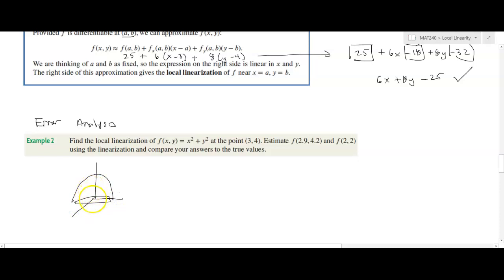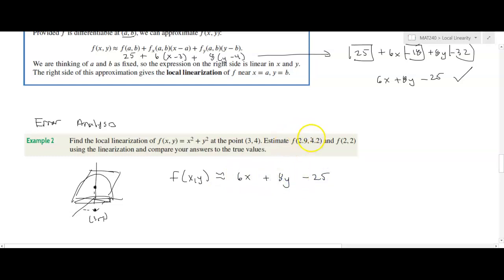We're looking at this point at (3, 4). And that's actually some point on that surface. But now we're approximating that with a plane, and we want to know how well does the plane perform. We've already come up with our approximation to this function as being 6x plus 8y minus 25.